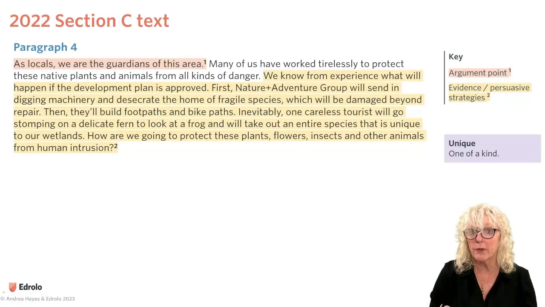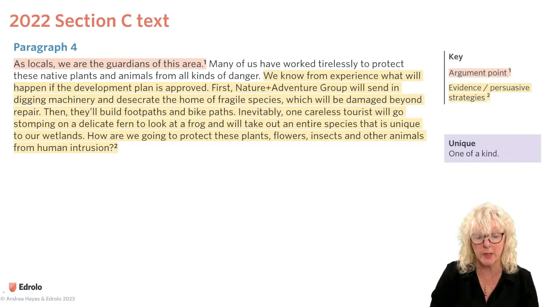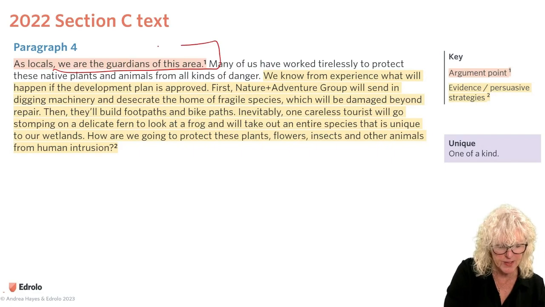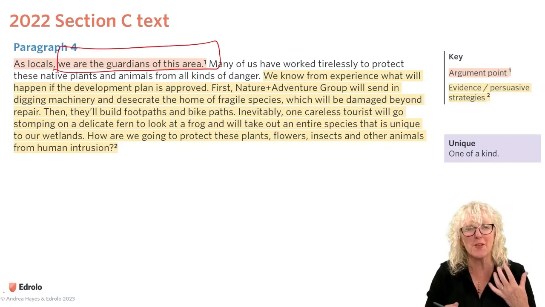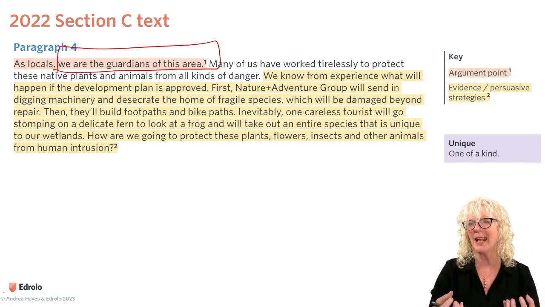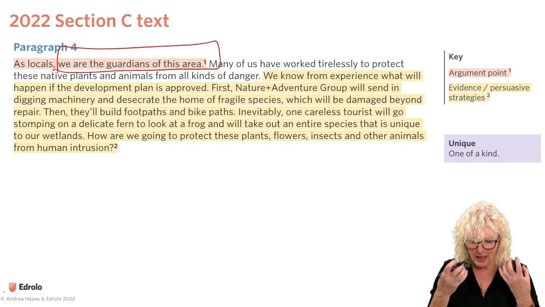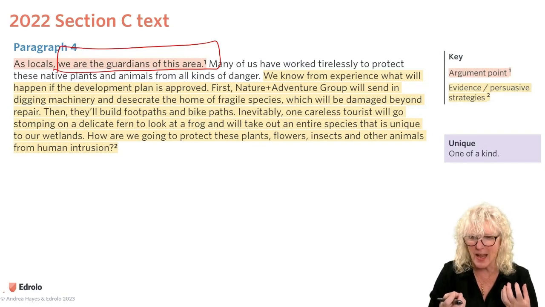Like paragraph 3, paragraph 4 has an argument point very early on in the paragraph. As locals, we are guardians of this area. Very, very carefully playing on audience's responsibility, and being guardians of this area is such a big task.